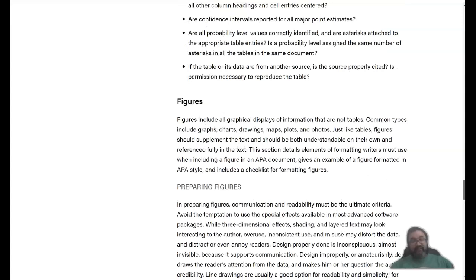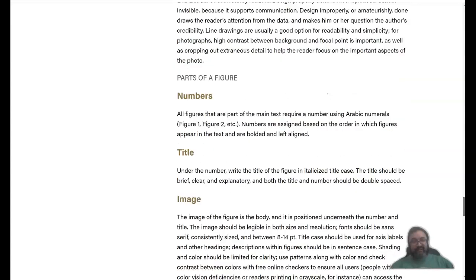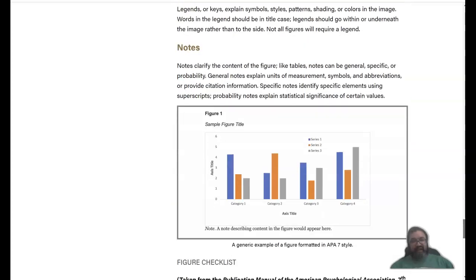Now, again, tables versus figures. Figures usually have, for instance, a graph. Again, you write down Figure 1. And something else I want you to note, even with tables that I didn't go over, is that Figure 1 in and of itself is bolded. And then the description is italicized.